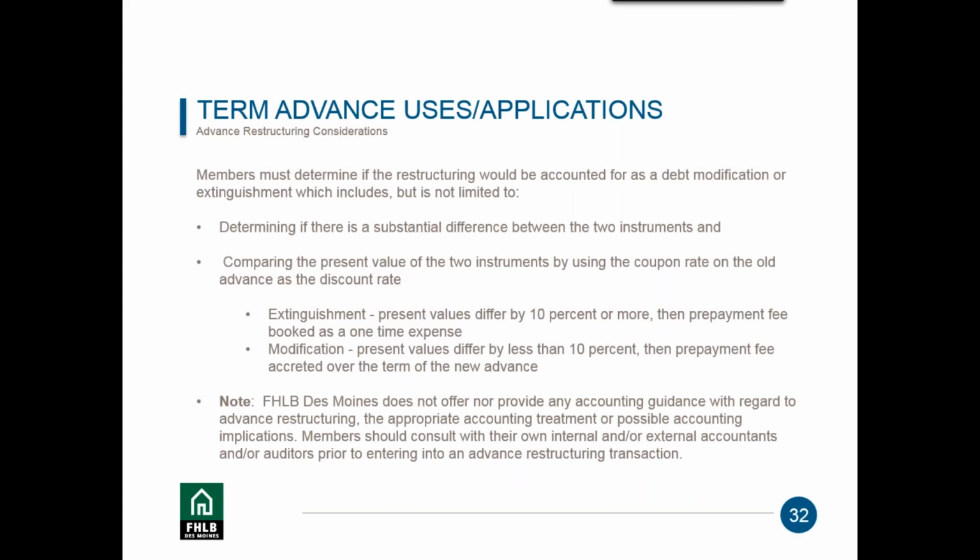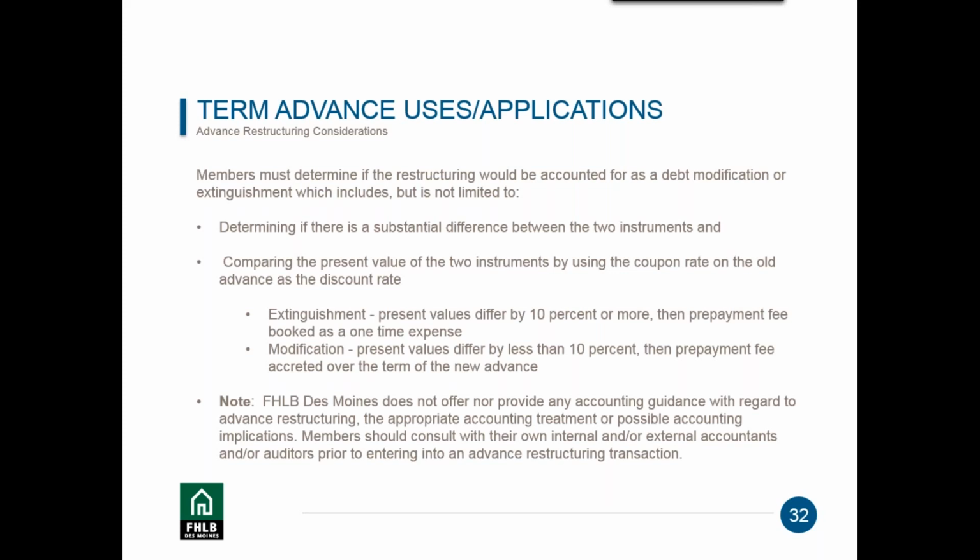Now, depending upon accounting treatment, members may be able to extend the maturity and reduce the rate of their existing advances. For some advances, including those with options, it's frequently possible to blend the contractual prepayment fee, if you were to pay down an advance early, into the rate on a new term advance.